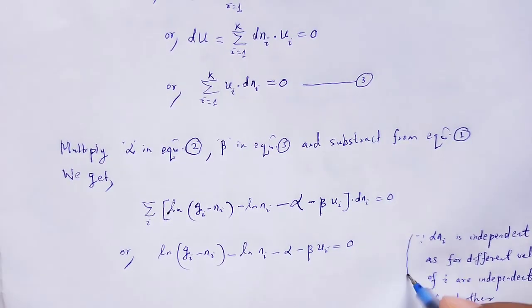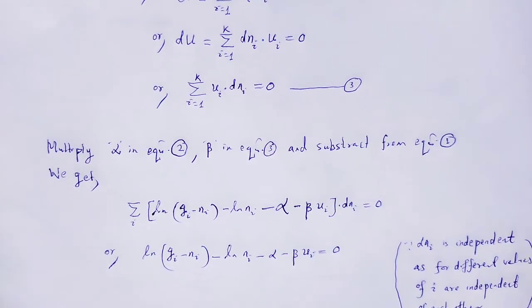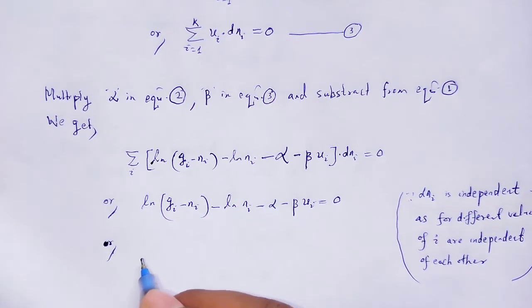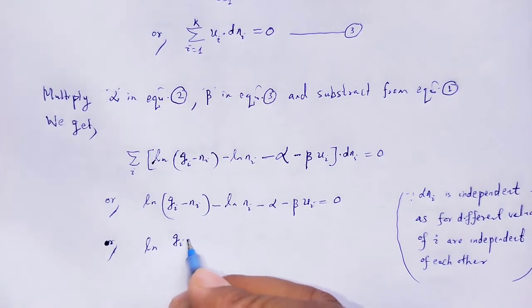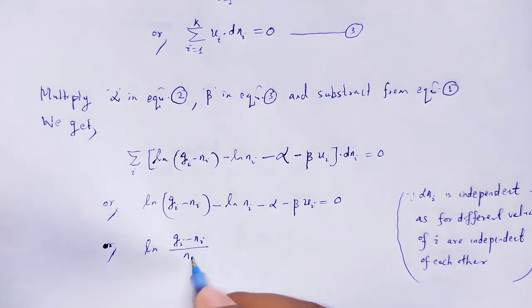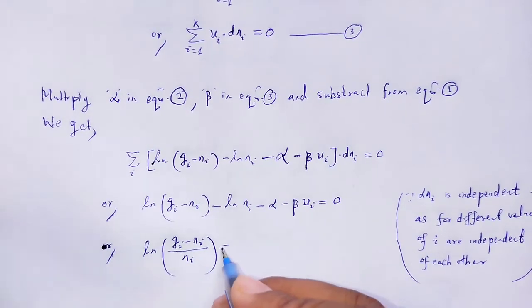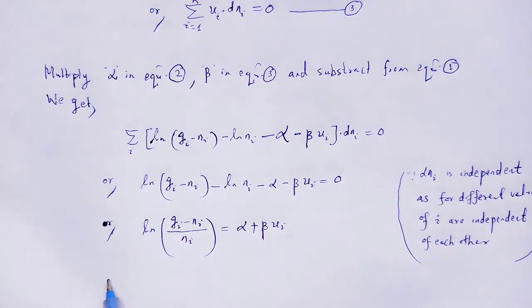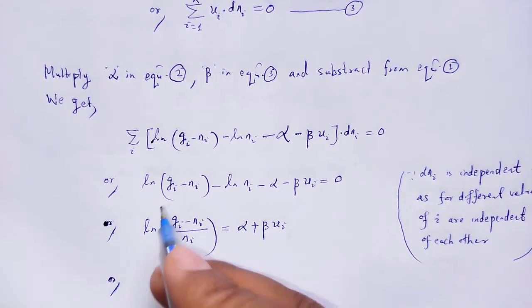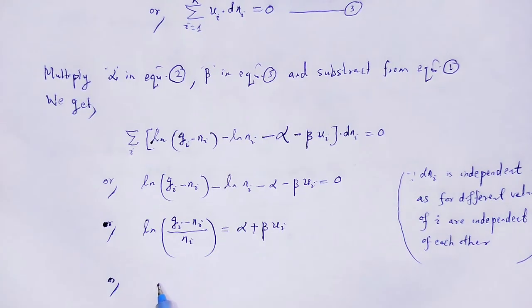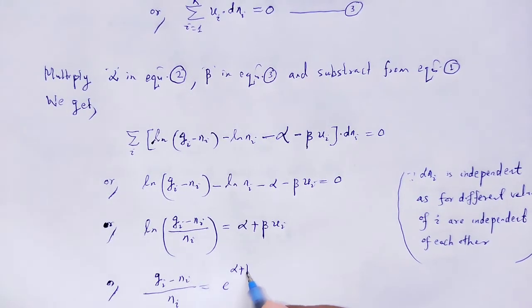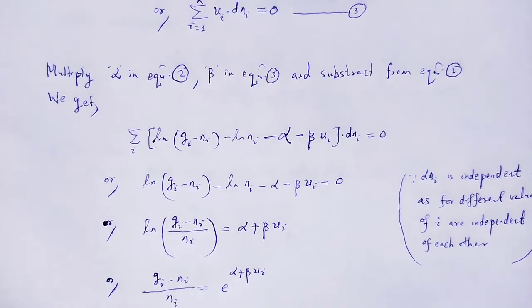Ln a minus ln b is ln a by b, so (Gi minus Ni) divided by Ni is equal to alpha plus beta Ui in the logarithm, or taking the exponential, (Gi minus Ni) divided by Ni is equal to e to the power (alpha plus beta Ui).